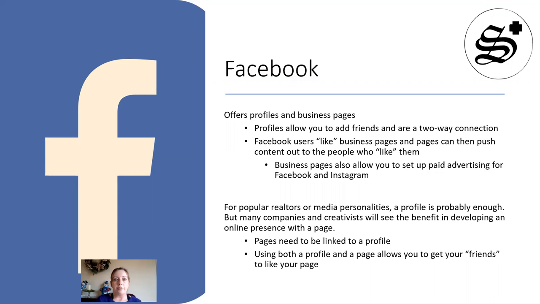That's actually one of the first steps that Facebook will prompt you to do, is get your friends to like your page, which is you send out invites to the people that are your friends on Facebook on your profile. And all they'll have to do is, with a click of a button, like your page, and your followers and your likes are greater in using that method.